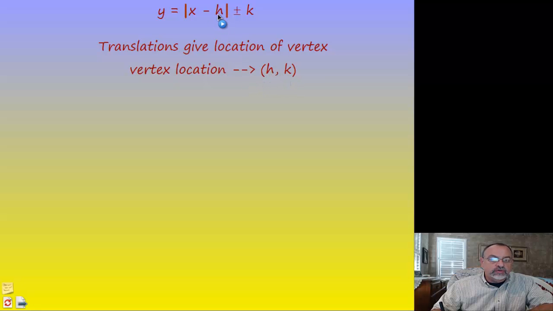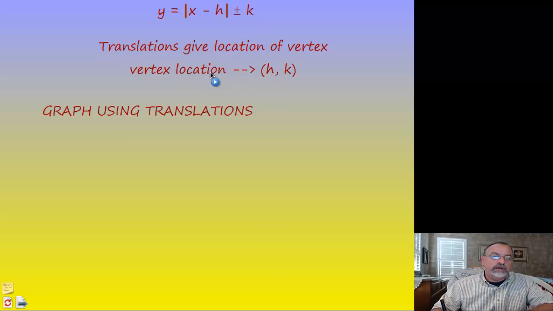So this number will move that vertex to the right or left H units, and this number will move the vertex up or down K units. So by looking at the equation, we can locate the vertex very quickly without having to do that opposite of b over m that we were doing in the earlier lesson. So H, K will give me the vertex.